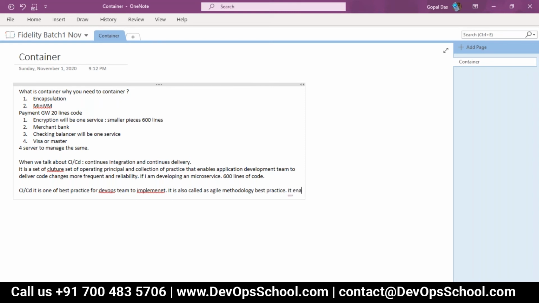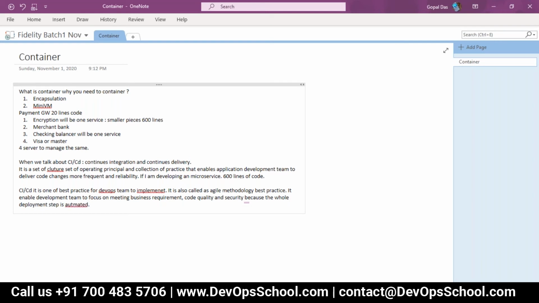It enables the development team to focus on meeting business requirements, code quality, and security also, because the whole deployment step is automated.